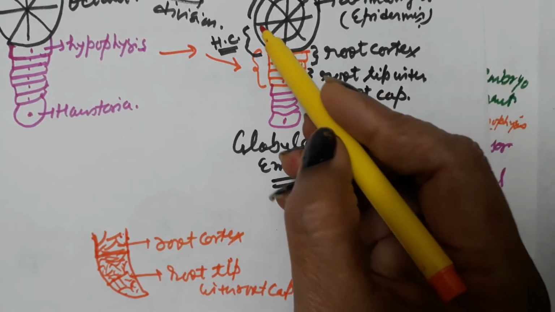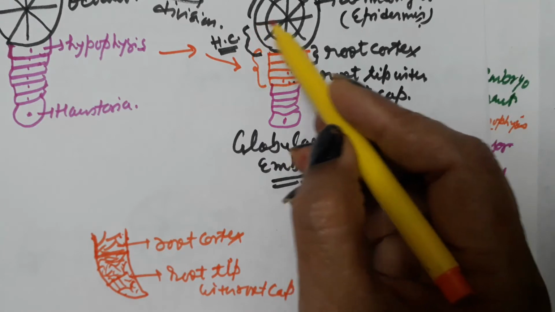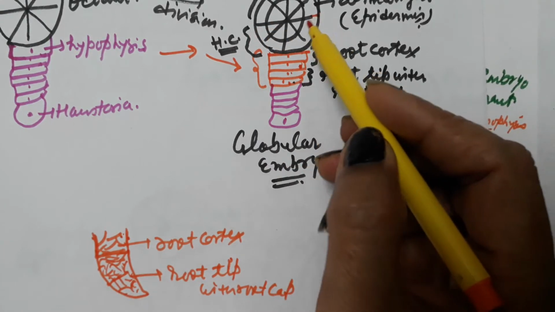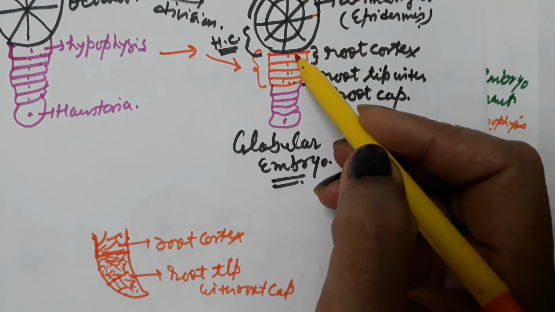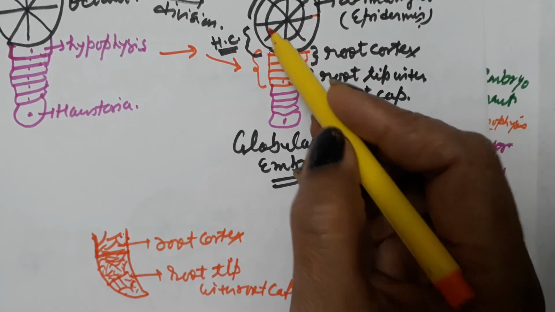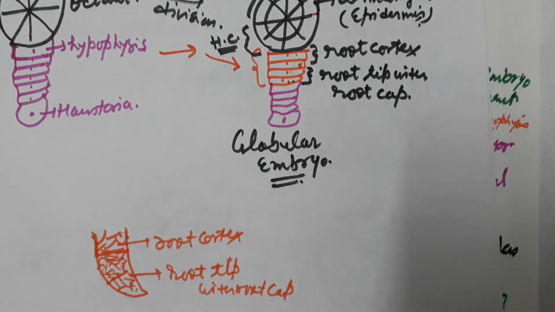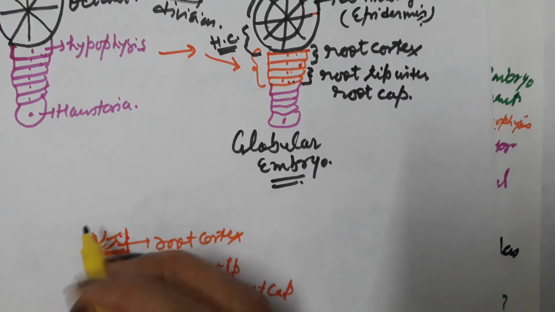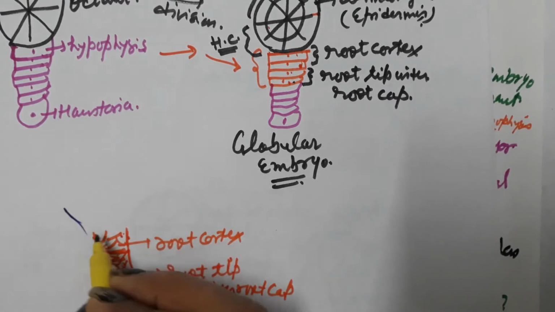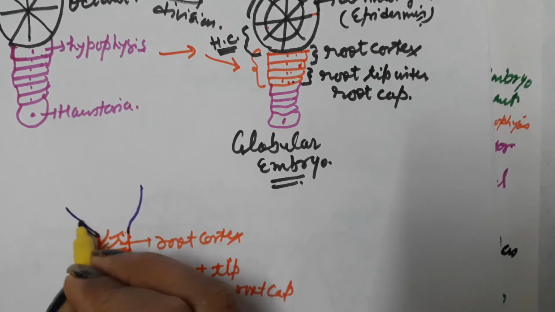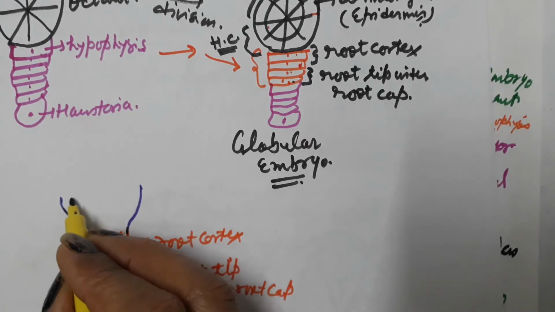After that, the lower part of the proembryo, which is towards the hypophysis, gives rise to the hypocotyl. This is the region shown in blue color, that is the hypocotyl region.